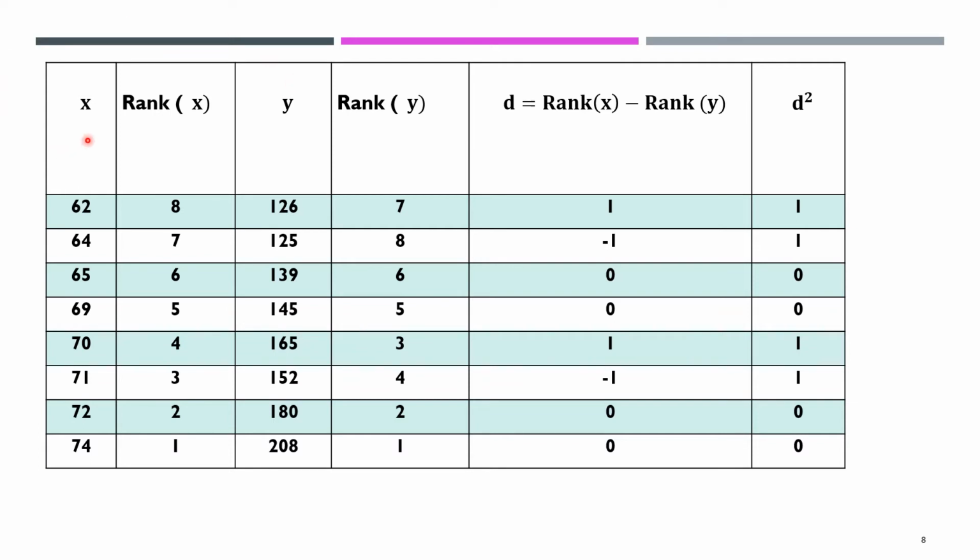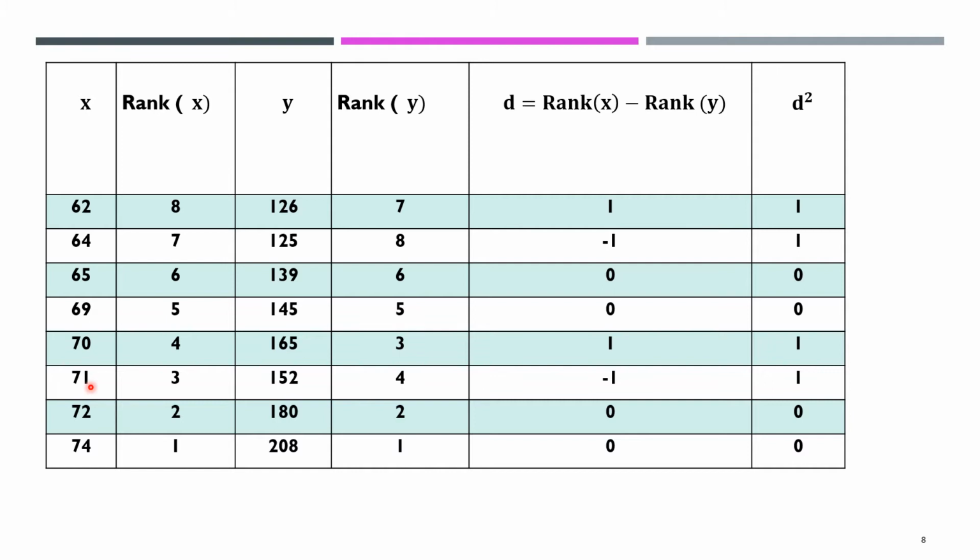First column is the X column. Then the second column is the rank of X. So check the highest value in this X column. The highest value is 74, so 74 is given rank 1. The next highest number is 72, rank 2.